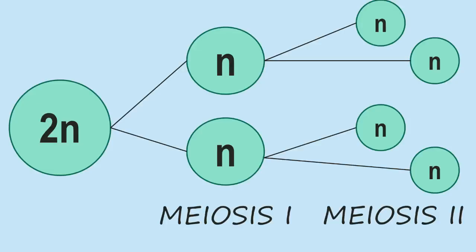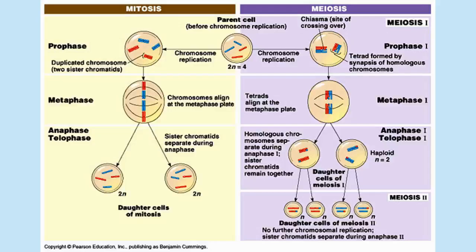So yeah, ito po ang overview of the meiosis I and meiosis II, the diploid parent cell. Right after meiosis I produces two haploid daughter cells. Right after meiosis II produces now four haploid daughter cells. And the difference between mitosis and the meiosis.